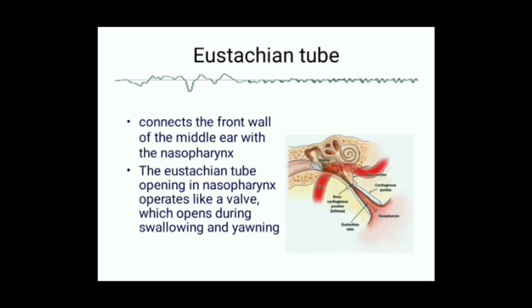So both times the membrane cannot vibrate effectively. So this is avoided by the eustachian tube. So the eustachian tube provides an excellent mechanism to equalize the air pressure between the middle ear and the atmosphere.